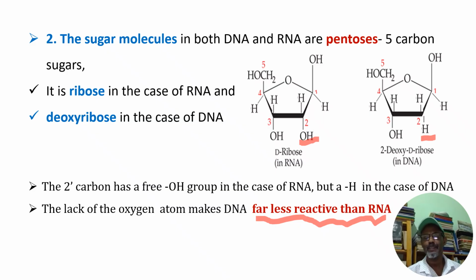RNA is highly unstable. It can undergo change very frequently because of its unstable nature. That's why it is not used as genetic material, except for viruses. Therefore, thanks for the absence of oxygen here.